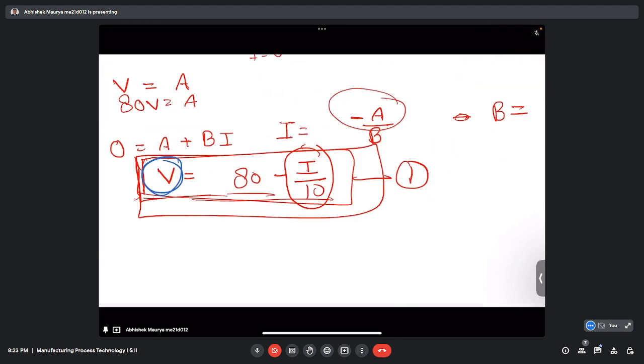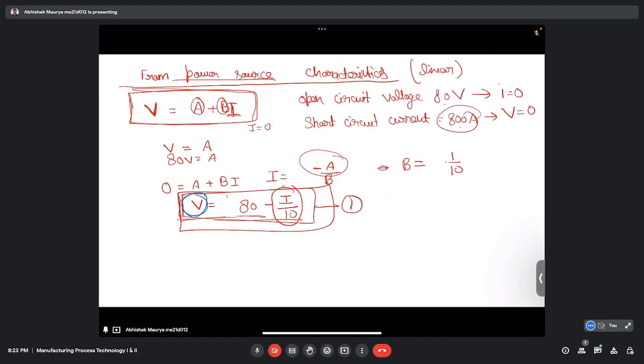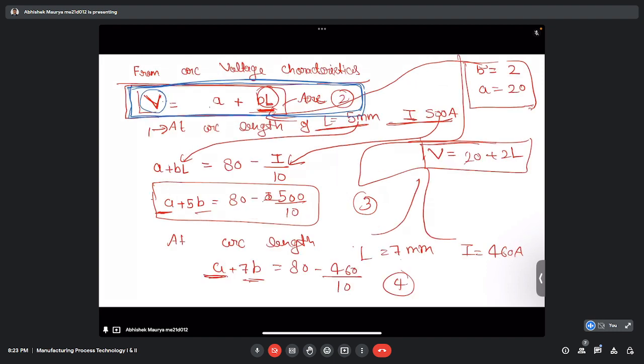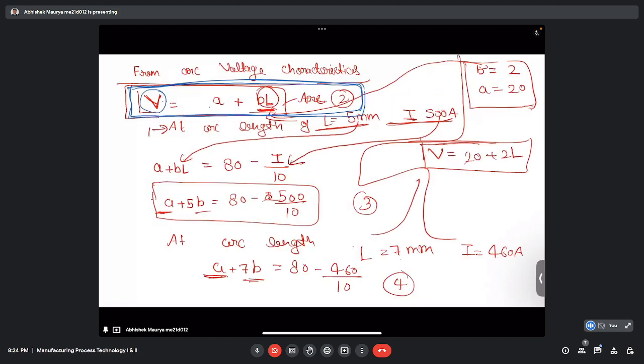So now I substituted that V with this value, 80 minus I by 10. If you substitute this equation, this thing came here, and this V becomes this.